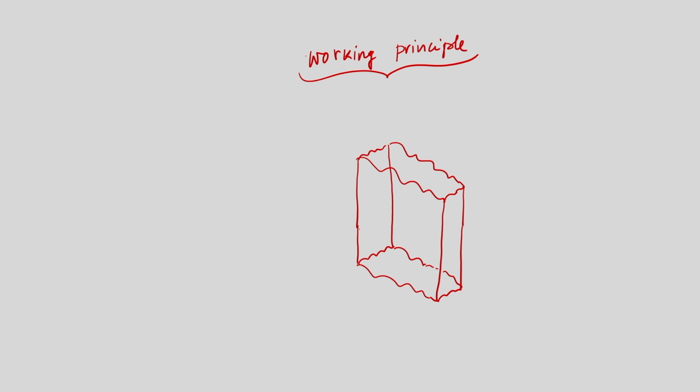Say we have flow from the top, so this is the flow direction. Liquid or any fluid is flowing from the top, and this is the confined domain through which the fluid is flowing.